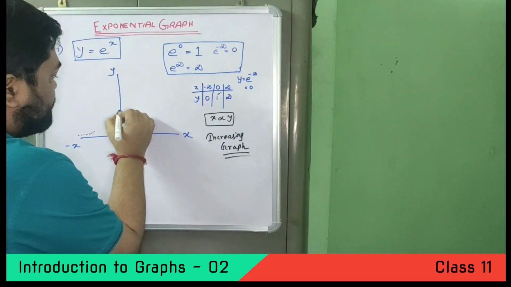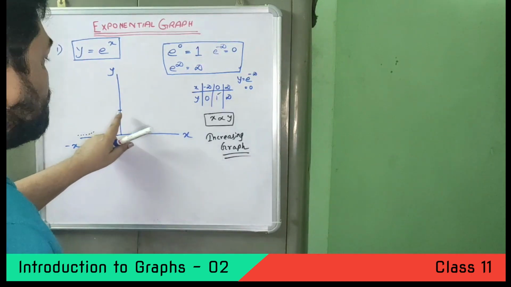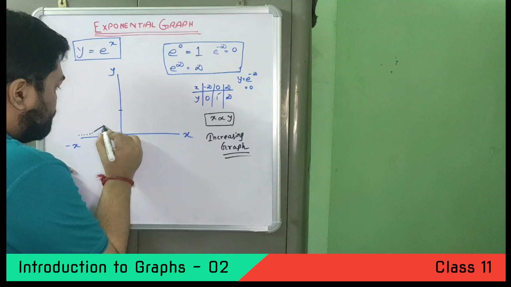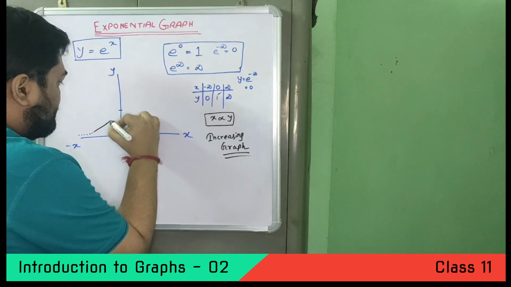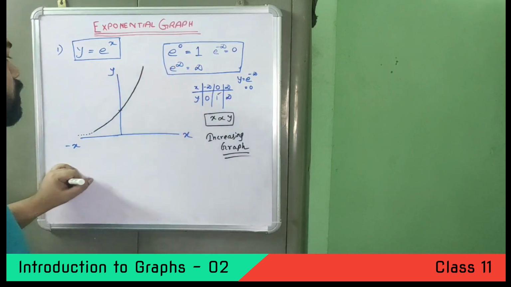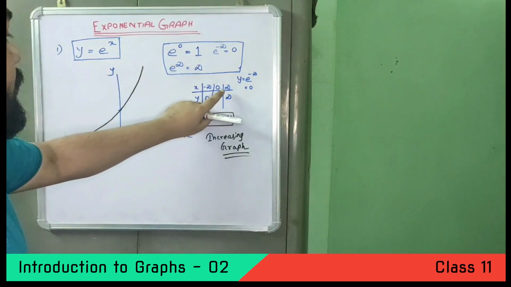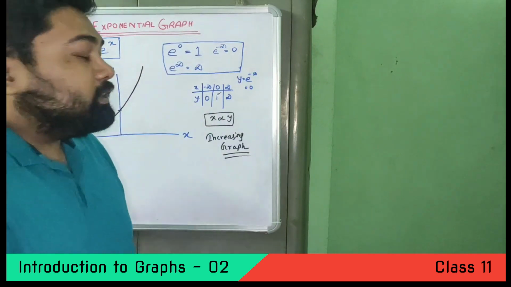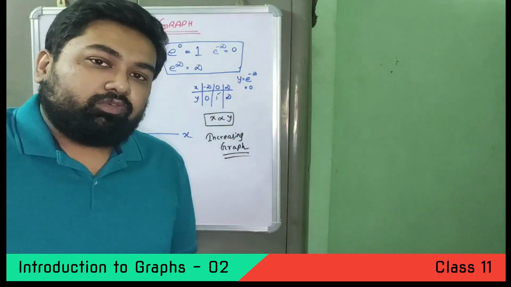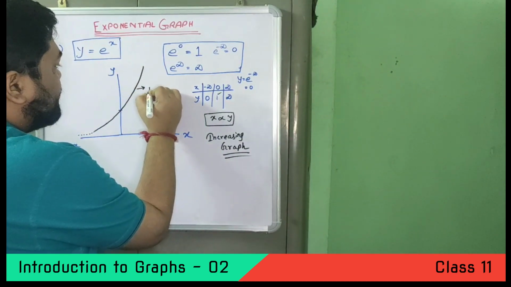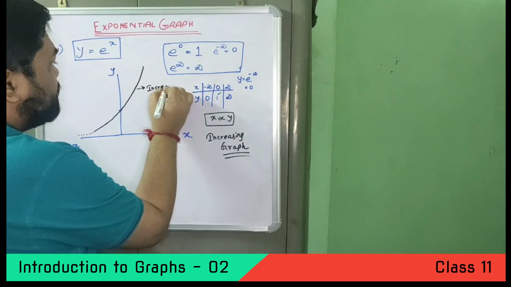So we are considering y equals 1 at this point. So we can easily join the line through this point, and it will go on increasing as x goes to infinity. That means at an infinite value of x, the value of y will also be infinite, right? So here it is an increasing graph.